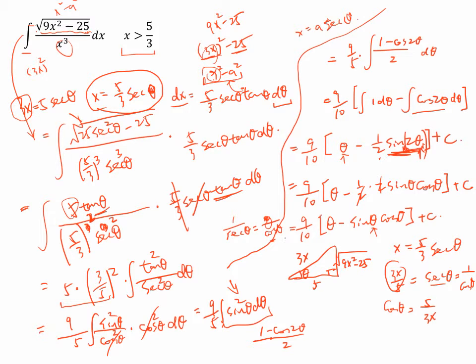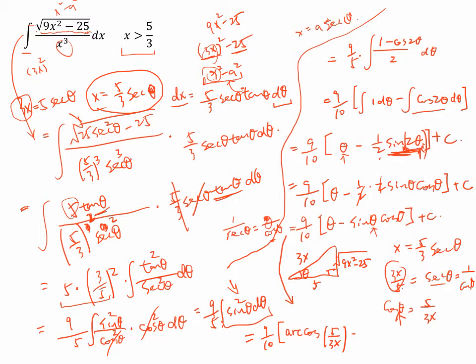So I want to plug in and rewrite my answer. I'm going to erase here. Equals 9/10 theta. I randomly pick one, so since I know the cosine, I'm going to use the cosine: arc cosine of 5/3x, that implies this theta.